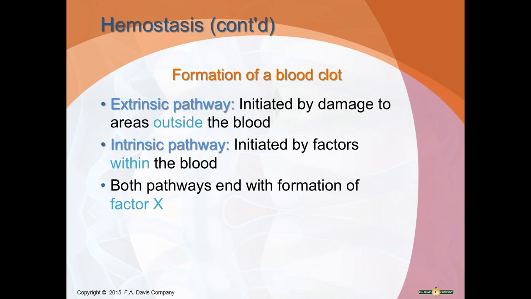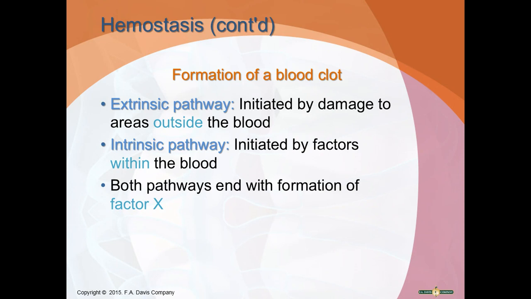we have an extrinsic pathway, which is outside, or an intrinsic pathway, which is within the blood. So extrinsic is outside the blood, intrinsic is inside the blood, and both pathways end with formation of factor X, and that's what we're after, or factor 10.